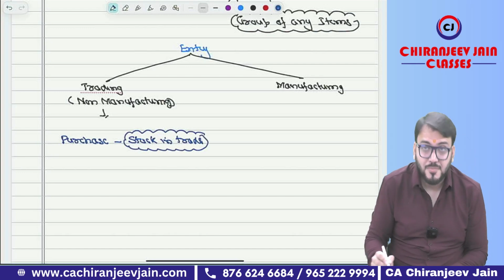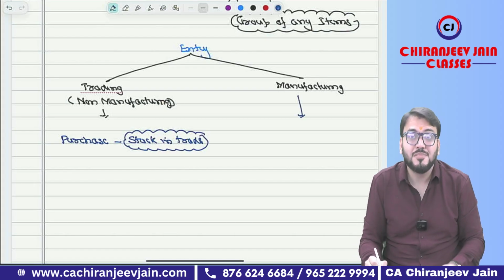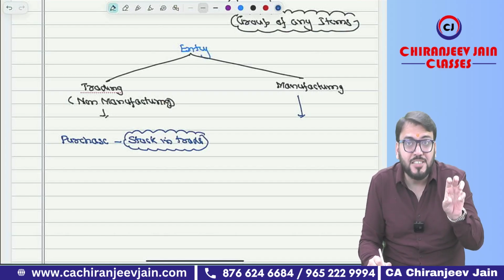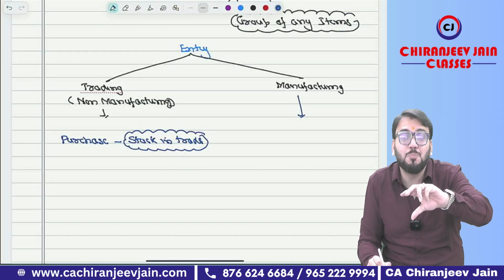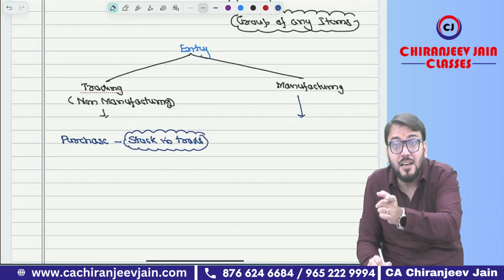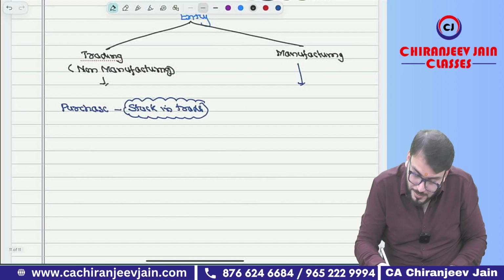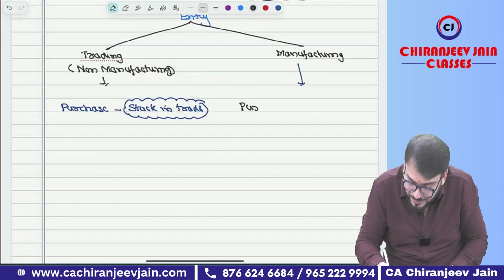Okay, sir. Now, what will manufacturing do? They are into production. They will purchase raw material, put it into production, and produce some item, and the item produced is sold.